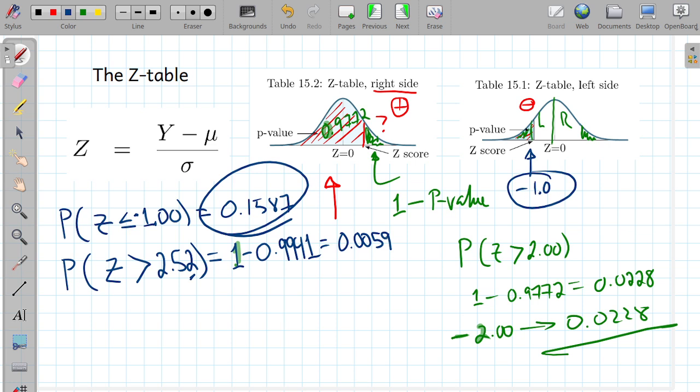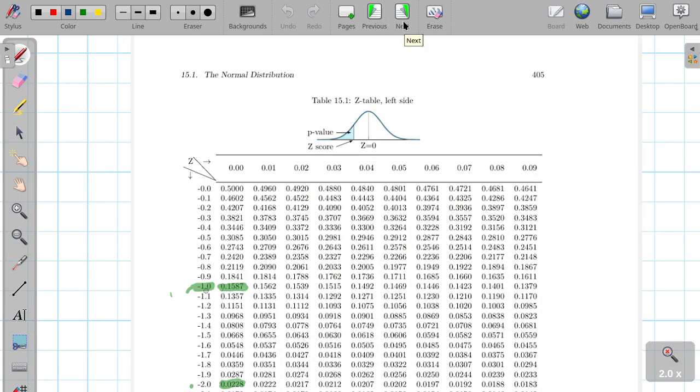Now remember, I could have done this the other way. I could have looked up negative 2.52. Let's do that. Check. Z is equal to negative 2.52. And what do we get? Let's find out. Next page.